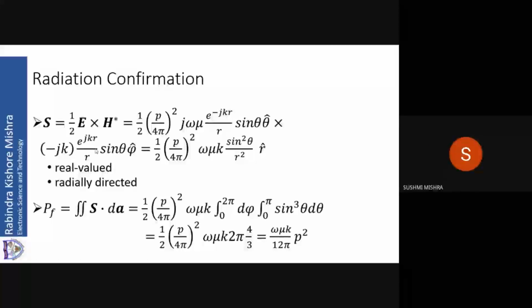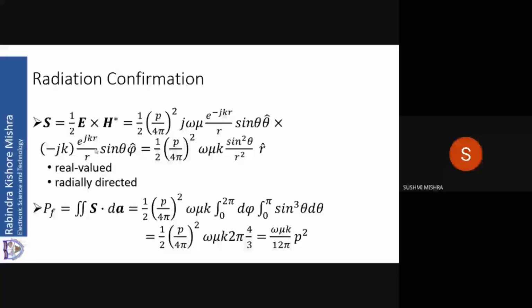So you should not be confused when I say that radiation is going out radially. When I say it is going out radially, it means the surface is expanding. Radiation is along the surface. Radiation is not along the radial direction. It is along the surface, but the surface is expanding. If I expand the surface, I am finding out the radiation activity, right? So going out radially means this.